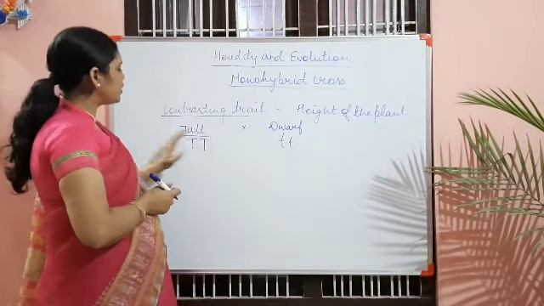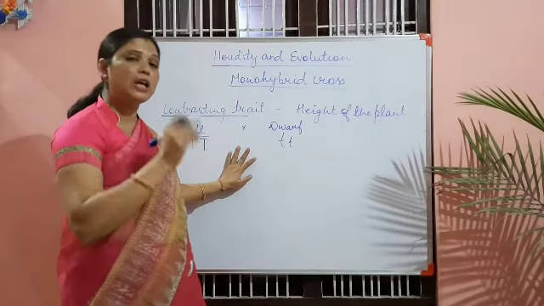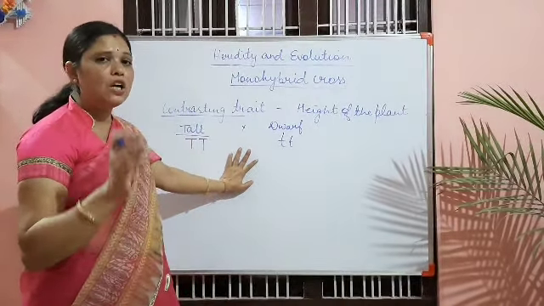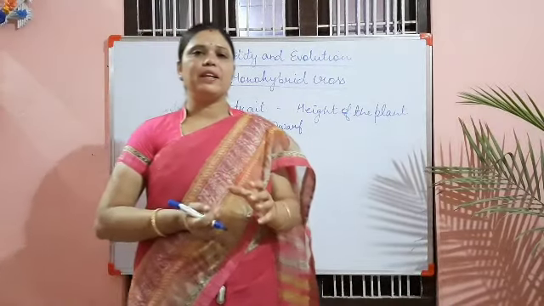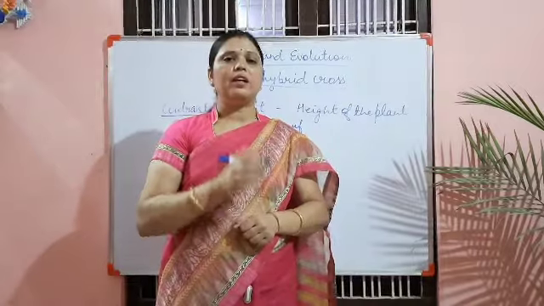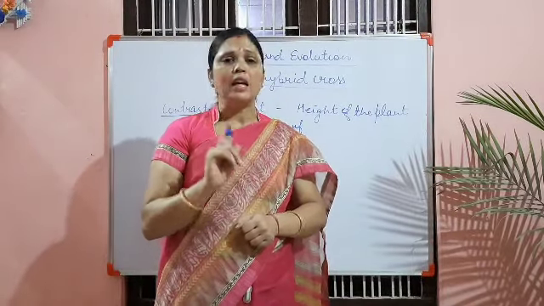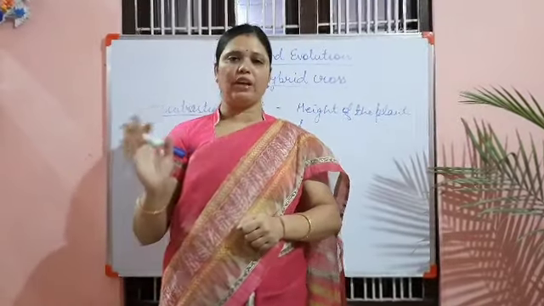For example, instead of height of the plant, if we select the shape of the seed, the shape of the seed is round and wrinkled. So here round is the dominant character. That means if we are taking capital RR to show the dominant character, then for wrinkled we will use the same alphabet but the small letter.